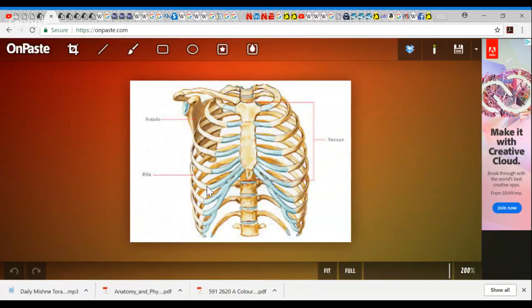And then the bottom ribs do not connect directly, but rather indirectly connect to the sternum. In the human, the last two ribs don't connect at all. However, in the cow, they do. So that does not exist in the cow.